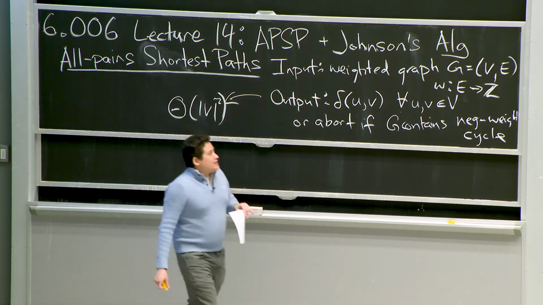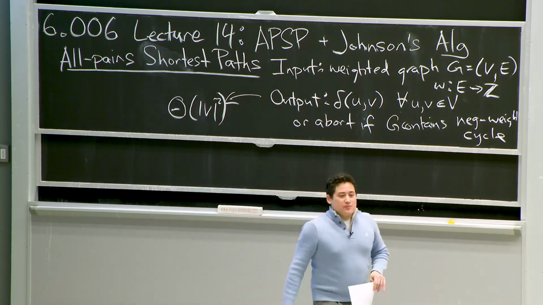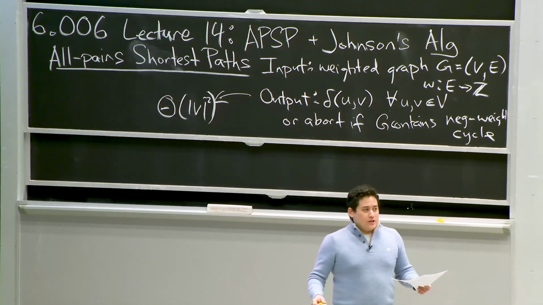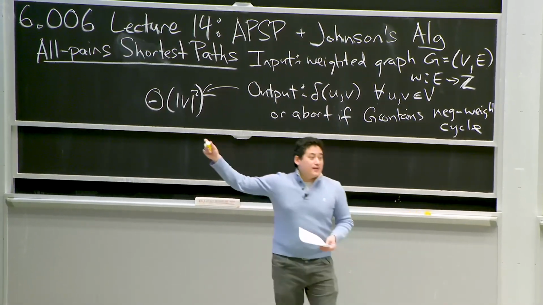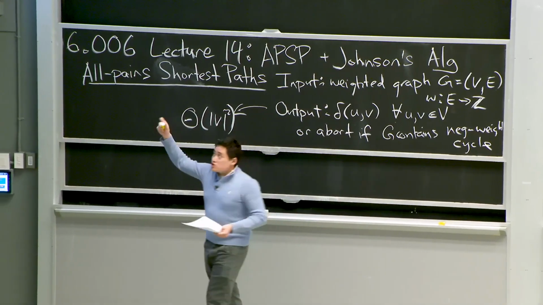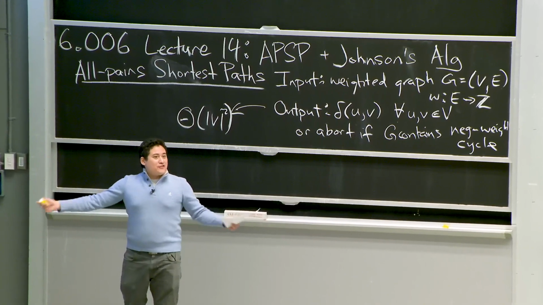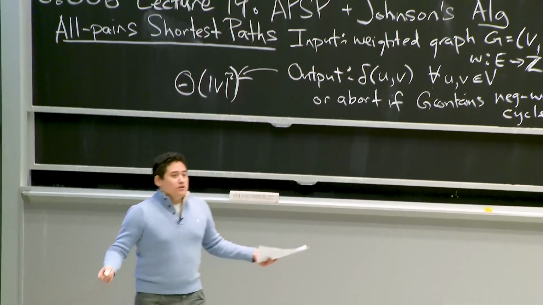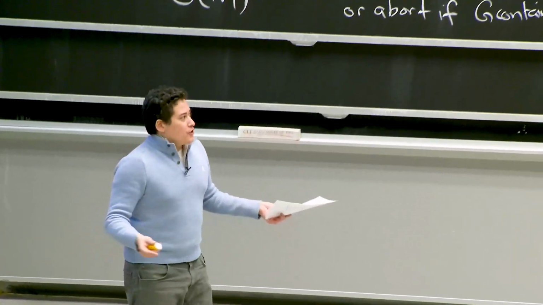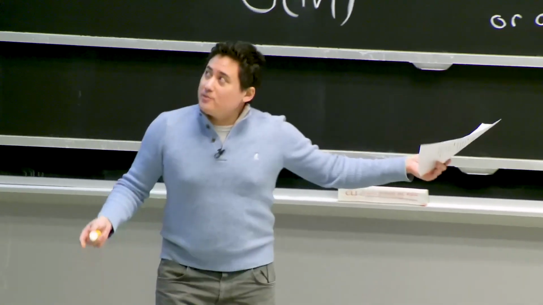What's one way we could solve all pairs shortest paths, by using stuff we've already done in this class? That's why I put this slide up here. We could just solve a single source shortest paths problem from every vertex in my graph. That seems like a stupid thing to do, almost brute force on the vertices, but it's certainly a way we could solve this problem in polynomial time.